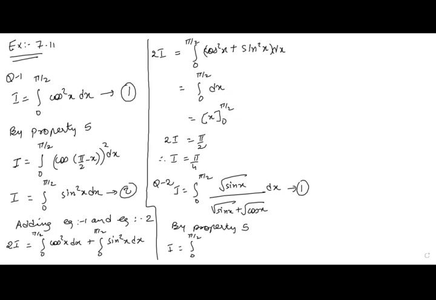So I will replace this as root sine of pi by 2 minus x dx upon root sine of pi by 2 minus x plus root cos of pi by 2 minus x.